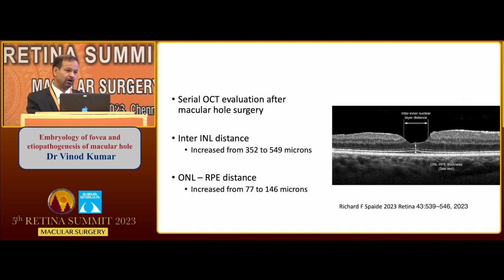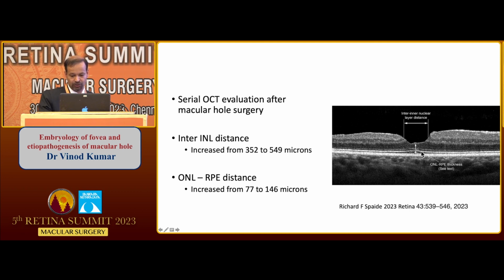I came across a very interesting paper by Dr. Spaide very recently in Retina. Dr. Spaide evaluated serial OCTs after macular hole surgery, and he calculated the inter-inner nuclear distance and the outer nuclear layer thickness.